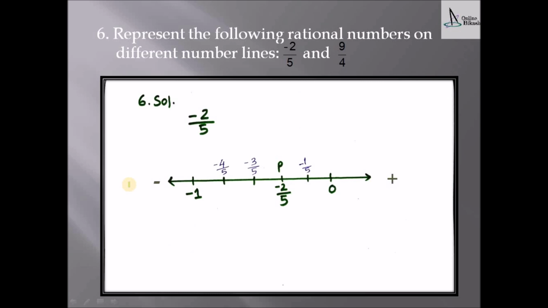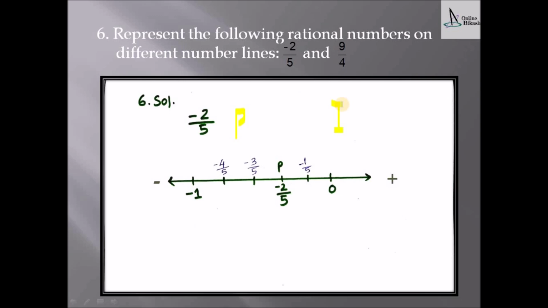On the same number line you cannot put them. So minus 2 by 5. Is minus 2 by 5 proper or improper? First of all you have to tell me that. It is a proper fraction. 2 by 5 is a proper fraction.